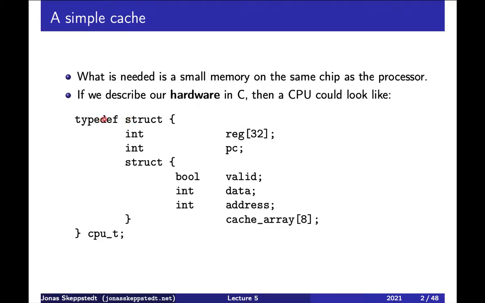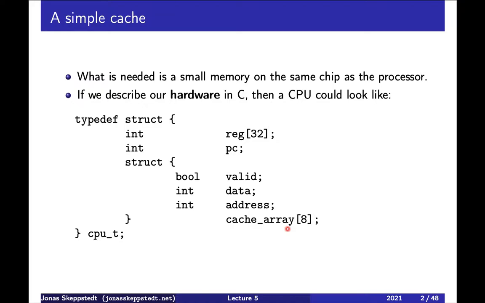This typedef just says that this struct will be called that, so the type will be that, but that's not very important. This CPU has an array of 32 registers and a program counter which contains the address of the next instruction to execute. Then here is the cache.